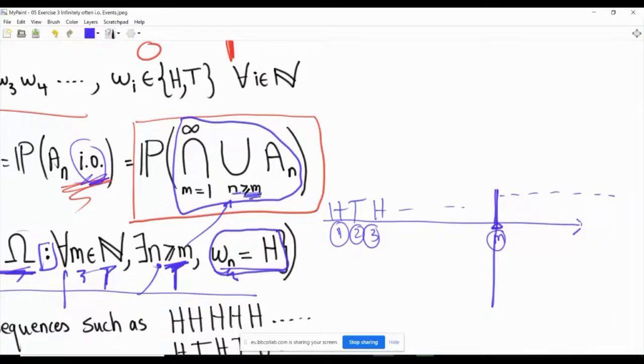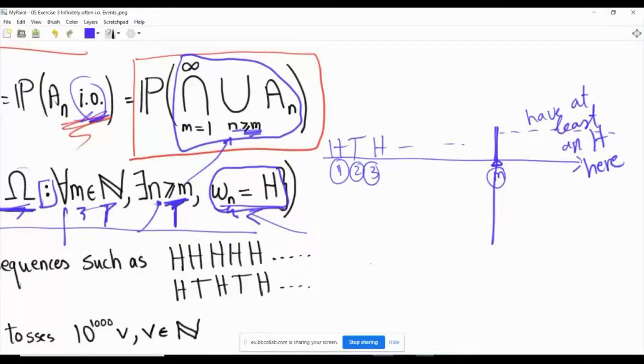We should have at least an H here. If your sequence has this property, then it is part of the subset of big omega that we are interested in, the so-called getting heads infinitely often.